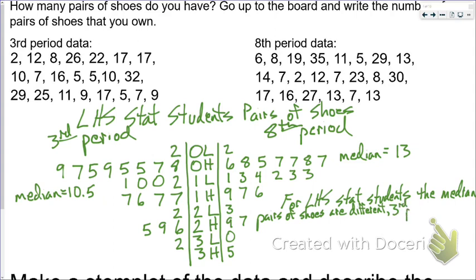Third period was 10.5 pairs, or I don't have to say pairs because I already said it. And eighth is 13. So that is a difference between the two.